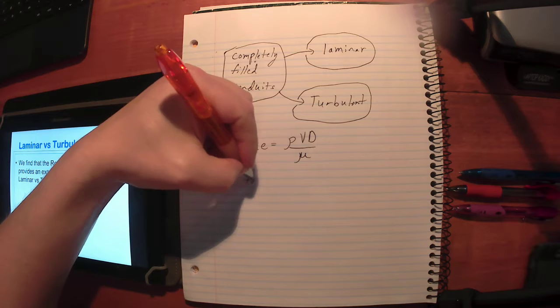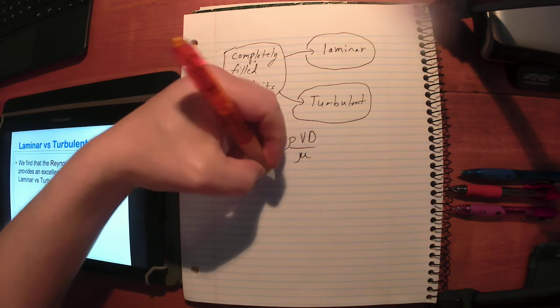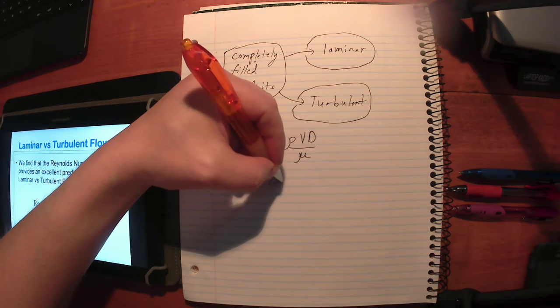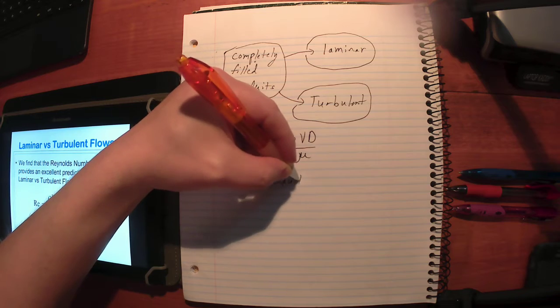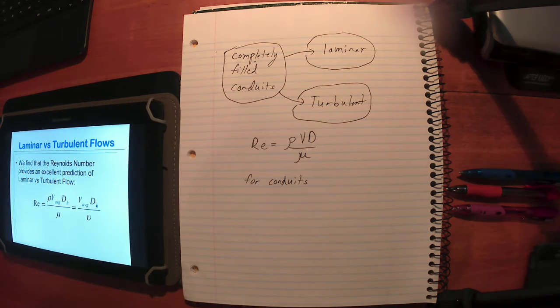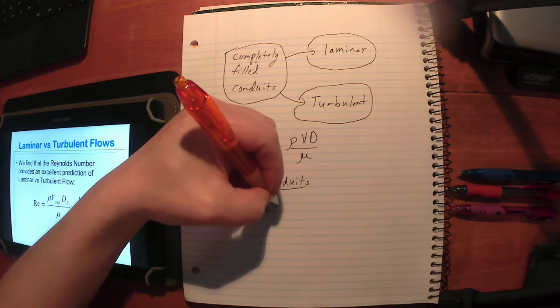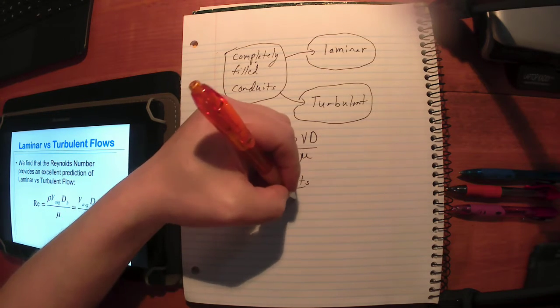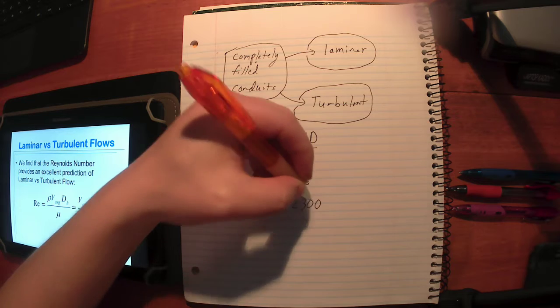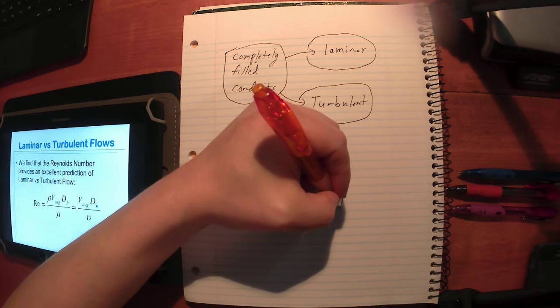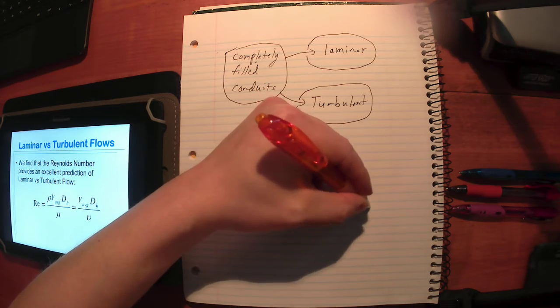Now, for completely filled conduits, with a Reynolds number less than about 2300, it's normally a pretty good assumption that you're dealing with laminar flow.